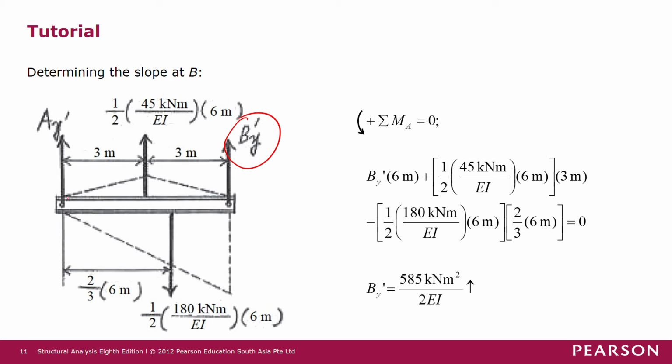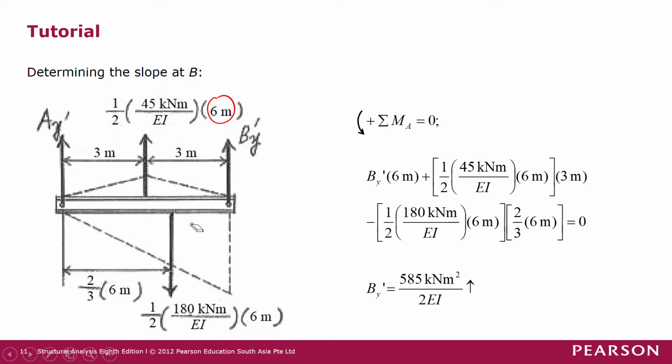So from this triangular load here, the magnitude of the resultant force is half times the height of 45 kilonewton over EI multiplied by the base, which is 6 meters.